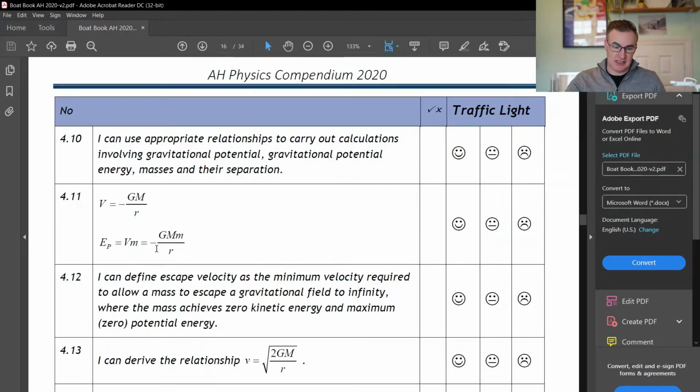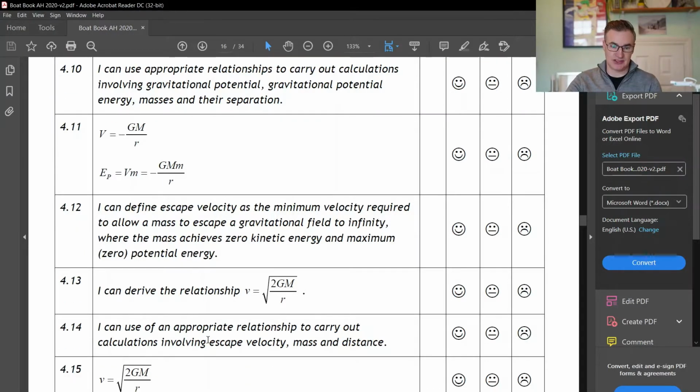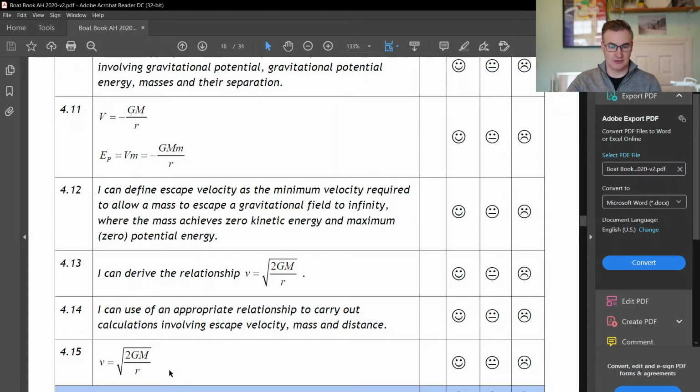And finally, the last four, this is all about escape velocity. So I can define the escape velocity as the minimum velocity required. What I would generally tend to say is the minimum initial velocity required to allow a mass to escape the gravitational field to a point an infinite distance away.